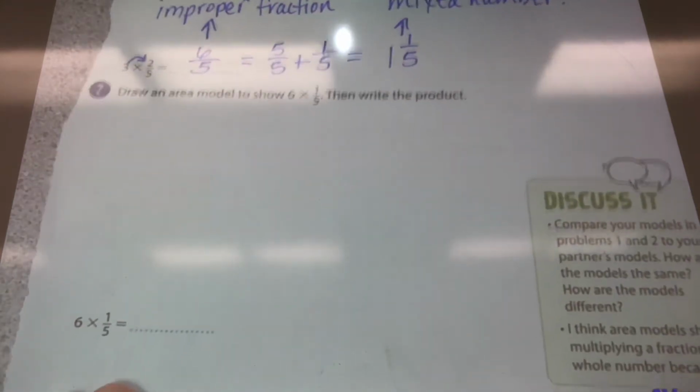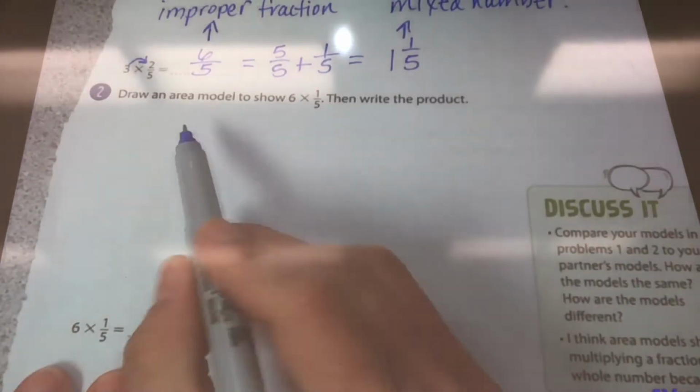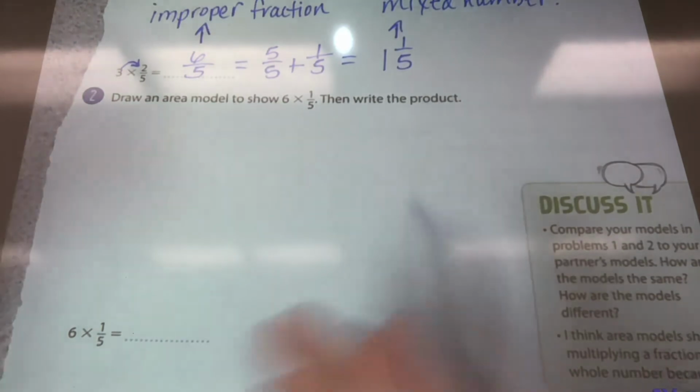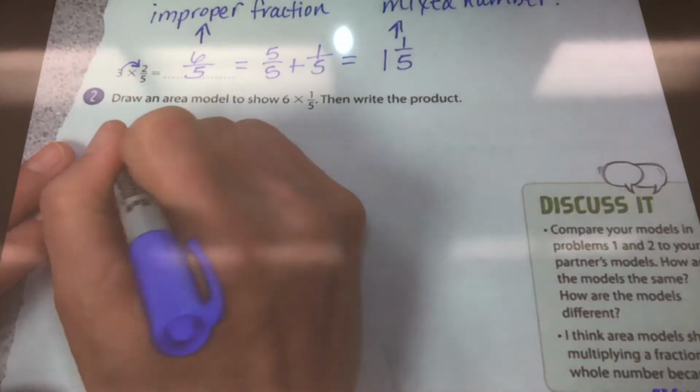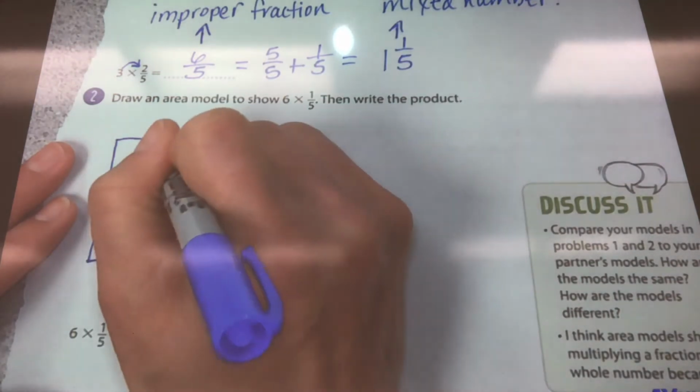All right, so number 2 says, draw an area model to show 6 times 1/5 and then write the product. So we're going to have 6 groups this time instead of 3 groups.